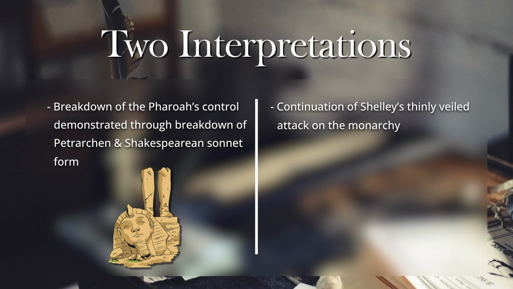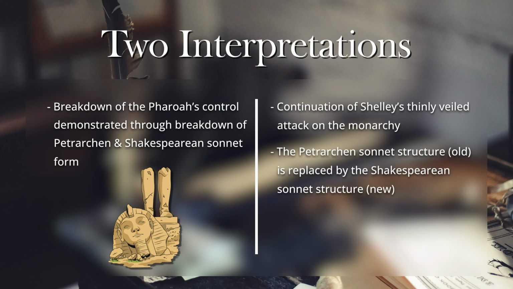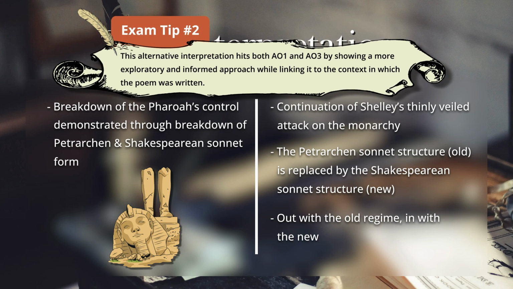The Petrarchan sonnet gave way to the Shakespearean sonnet, and then this in its own way gives way to Shelley's own version of the sonnet form. And this is the idea that old power paves the way for new power, which again could be perceived as a call to revolution or a call for change in the ruling or the monarchy that was in place at the time that the poem was written.